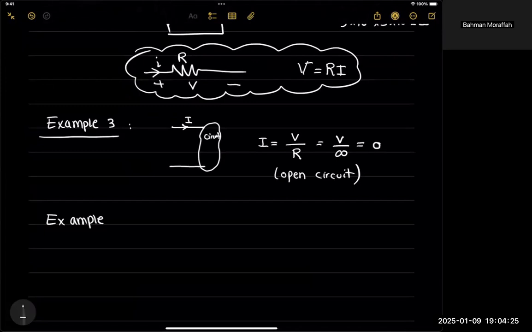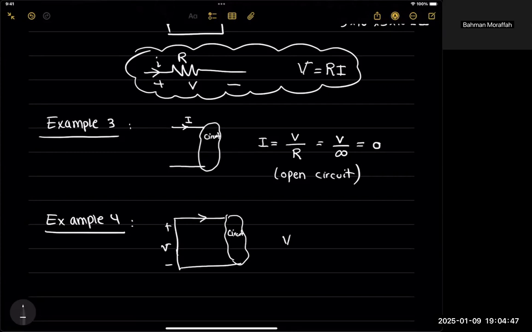Let's do another example. Example 4. Let's just say I have a wire here, and then this is connected to the rest of my circuit. And the question here is, what is V of a wire? I know V equals R I, but since there is no resistance here, R is 0, so it's 0 times I, so it's 0.